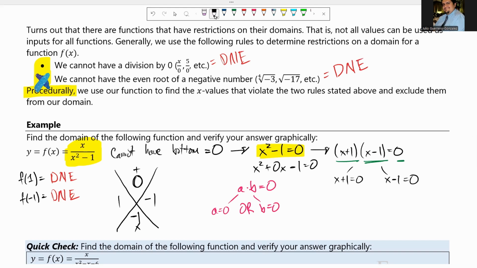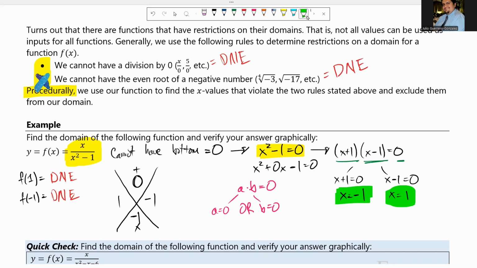Either x + 1 is equal to 0 or x - 1 is equal to 0. From these two, we get these two values right here. Okay, so let's collect what we just found.